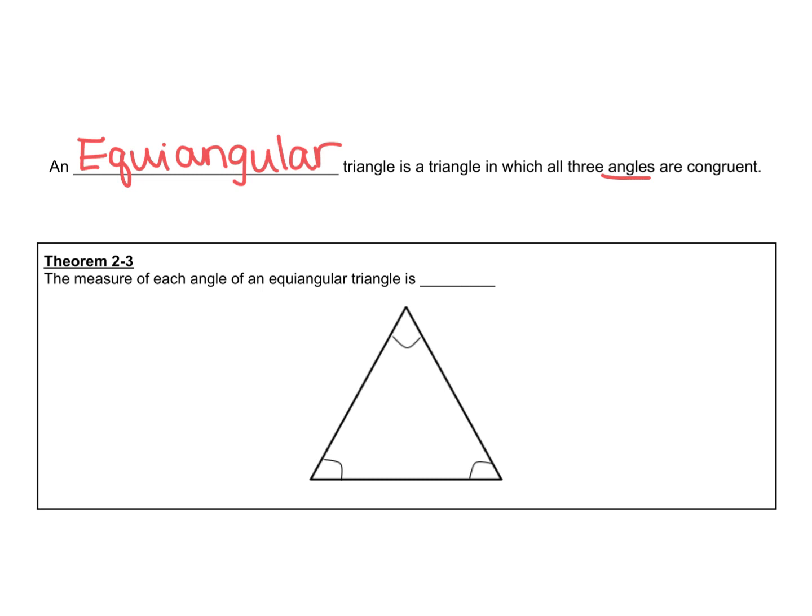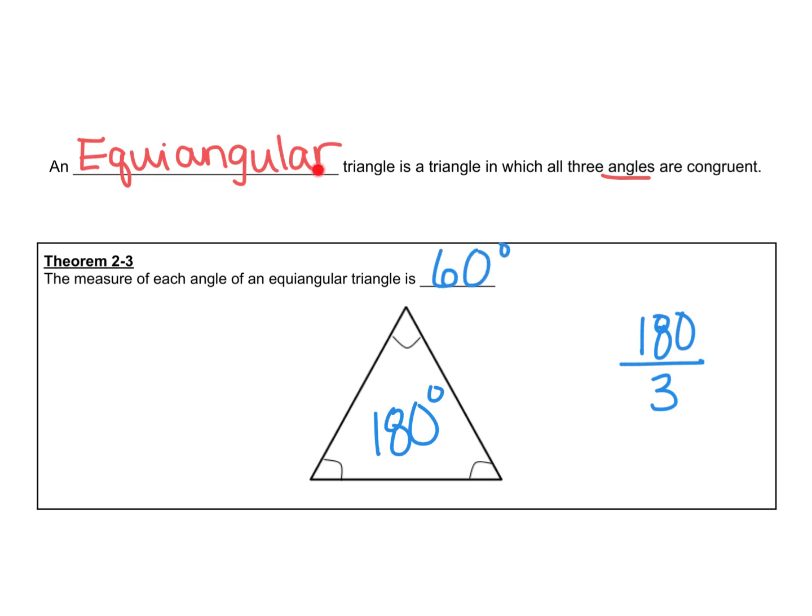In addition to equilateral and isosceles triangles, we did briefly mention equiangular. Equiangular is when a triangle has all three angles congruent. And so when we look at an equiangular triangle and the fact that there are 180 degrees inside of the triangle, then this theorem says that because we have 180 degrees split evenly between three angles, I can divide, and each of them will be a measure of 60 degrees.